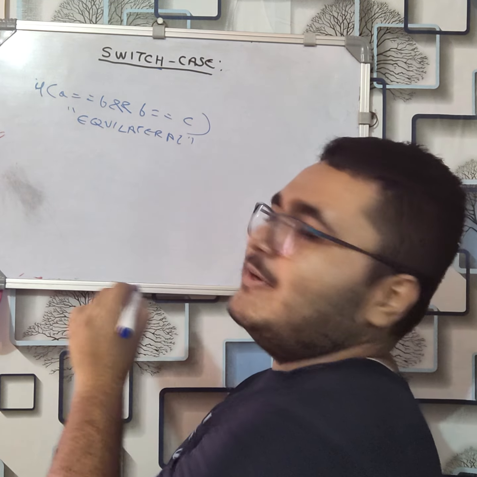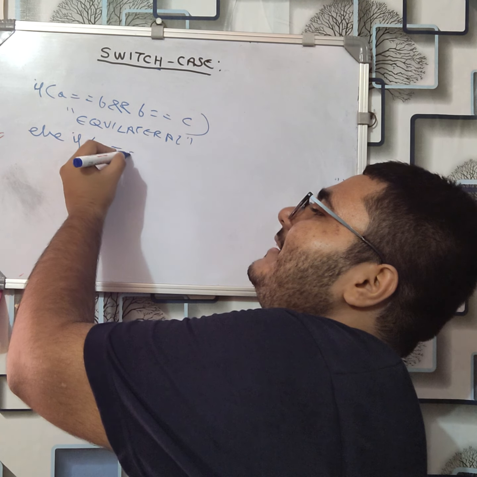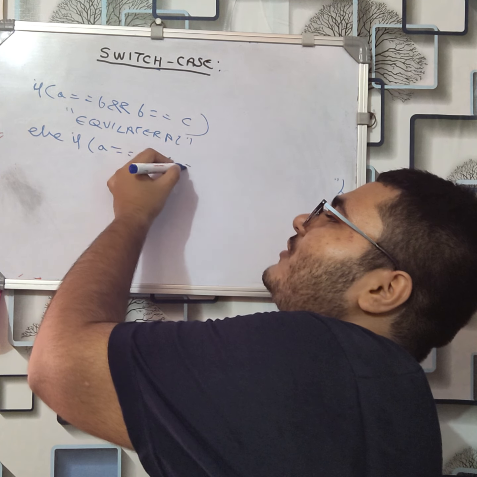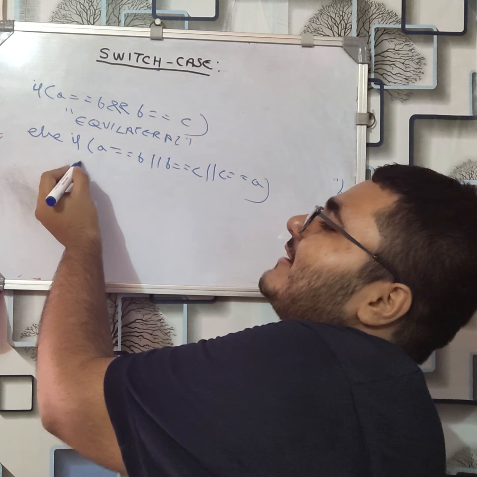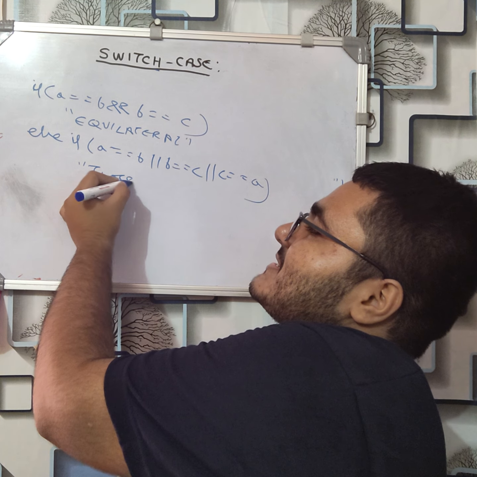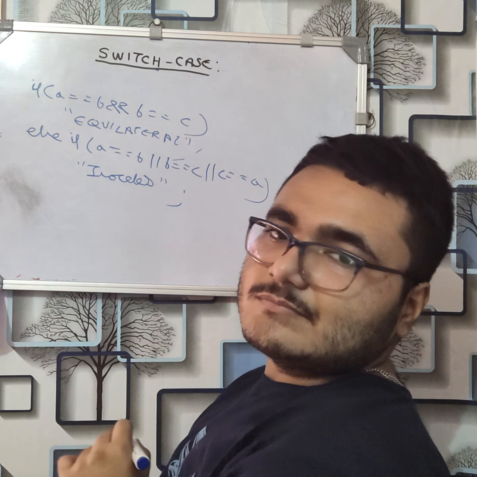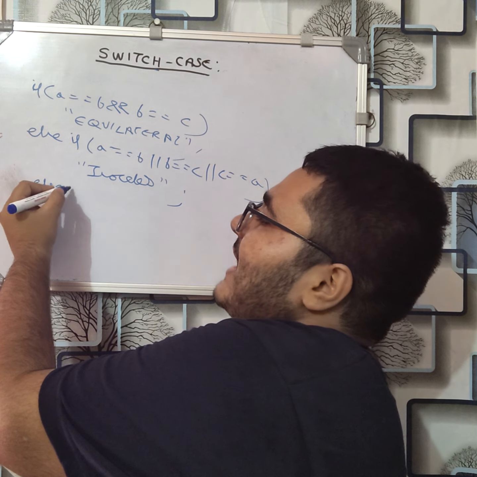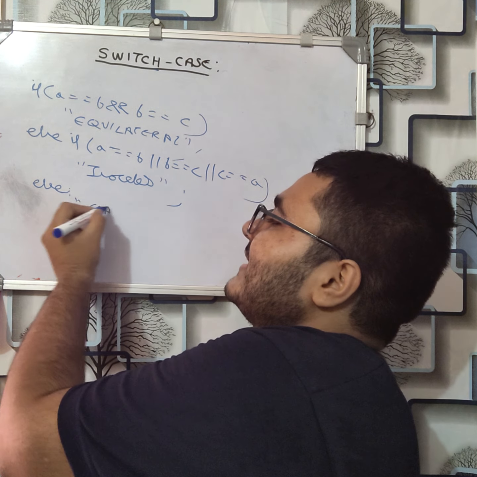The triangle is equilateral. Else if A equal to B, or B equal to C, or C equal to A, then the triangle is isosceles, right? And otherwise it is a scalene triangle.